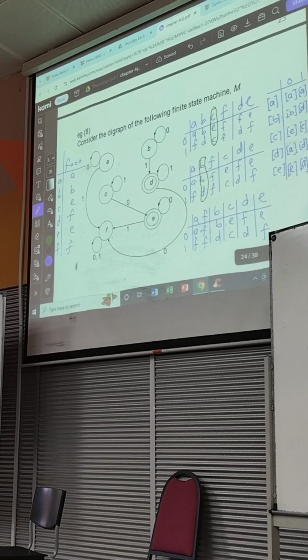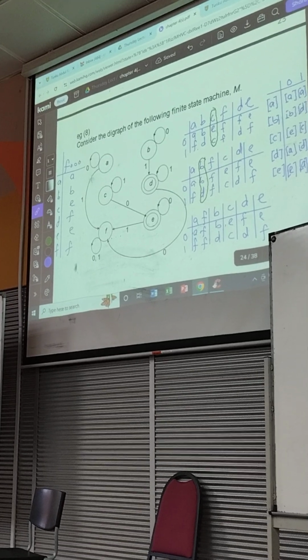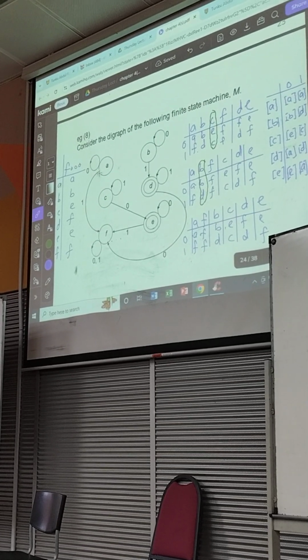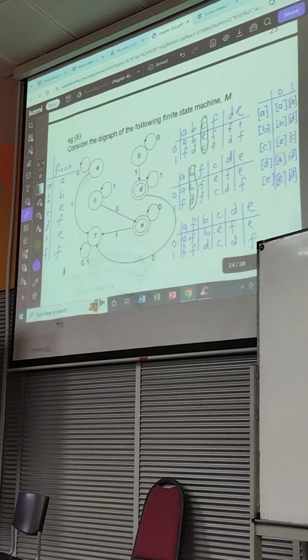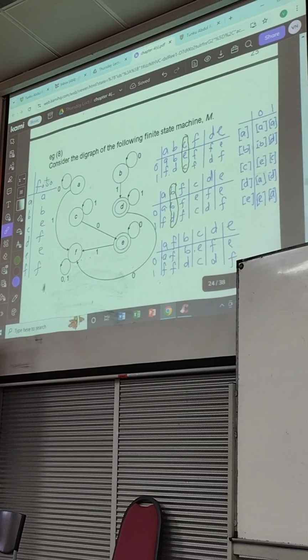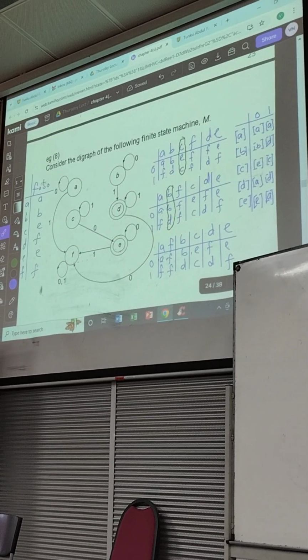Okay, just look at the string of 000 from the stack that you are in. Which stack you are in now? Just follow the string 000. Okay?